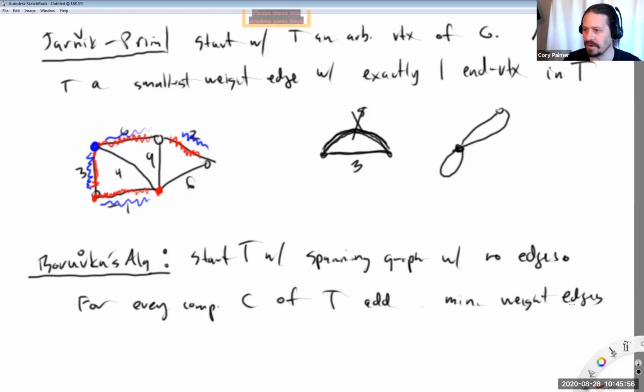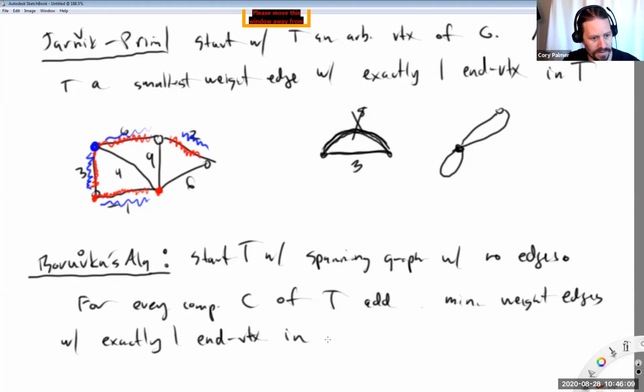It's up to you how you implement things. You may end up not doing it simultaneously when you actually implement it. Okay, let me illustrate what's going on here.